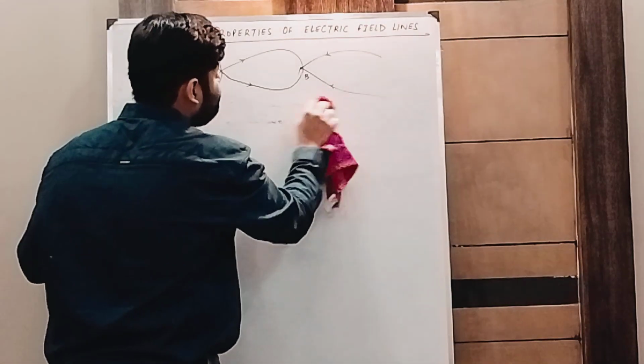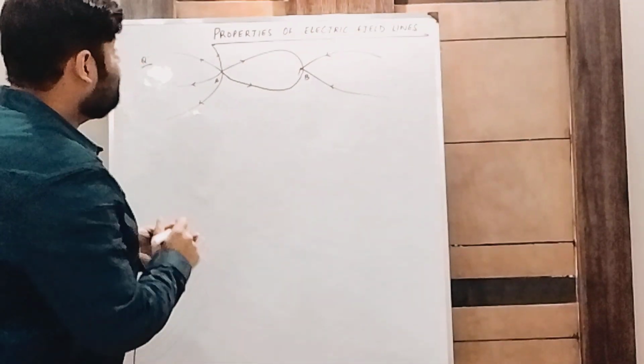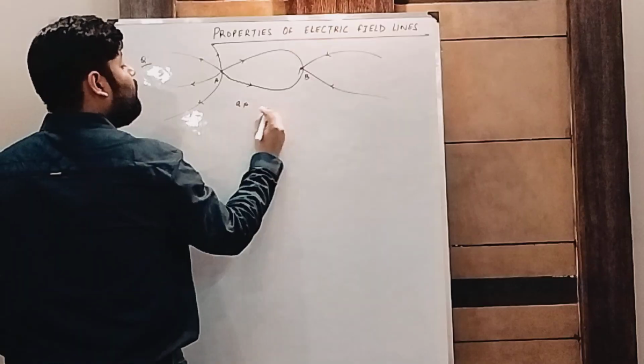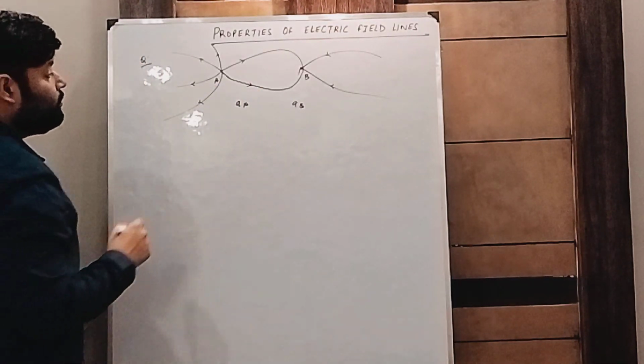But the next question was regarding the magnitude of A and B. Which magnitude was more, the magnitude of A or magnitude of B? What is going to be the relation between the two?